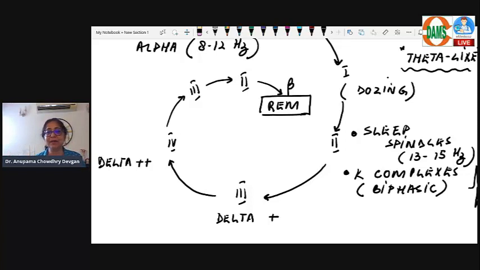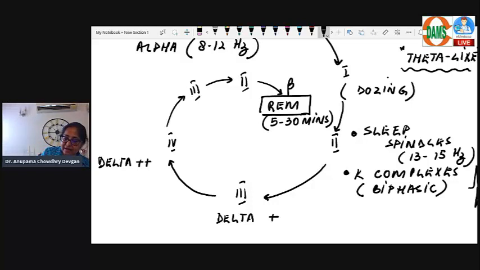Here you are sleeping, but the rhythm being recorded is the beta rhythm. That is why REM is also known as paradoxical sleep. The duration of REM sleep is 5 to 30 minutes.